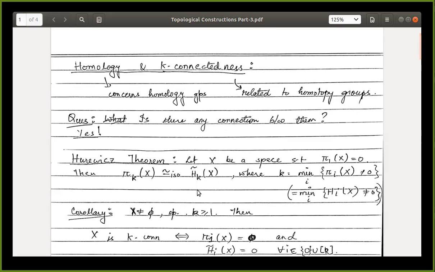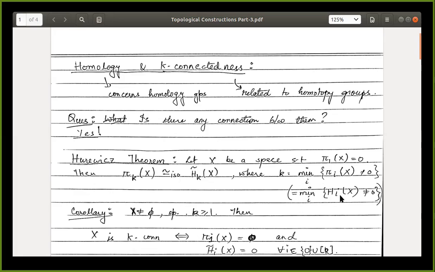And this k, as I said, is the first time you hit a non-zero group. So k is the minimum of i taken over pi_i non-zero. But the statement tells you that instead of looking over this, you can look at the first time you hit a non-trivial homology group, and all this is true provided that the space's fundamental group is trivial.